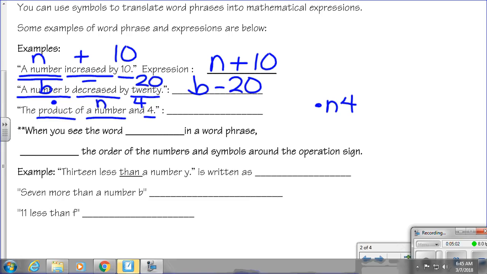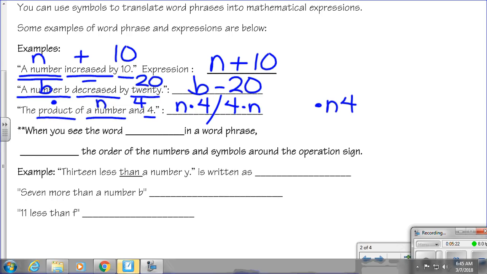So I have to move some things around. And remember we learned with our property that in multiplication, it doesn't matter the order, we get the same answer. So there's lots of different answers that we could put here. We could put n times 4.